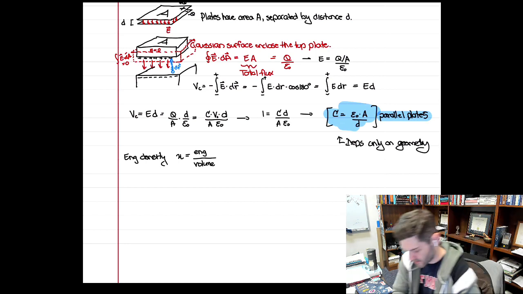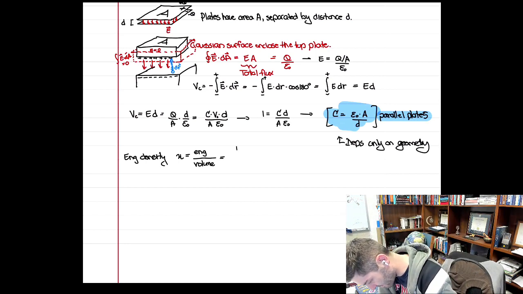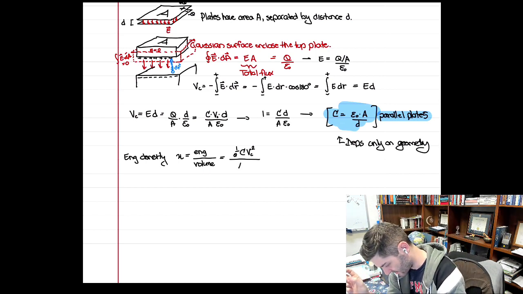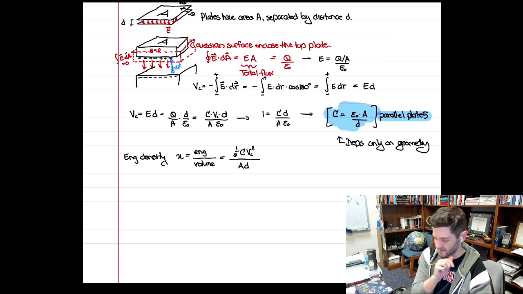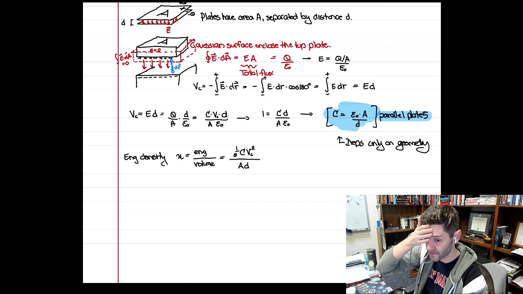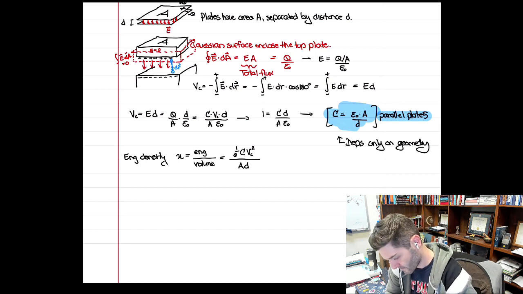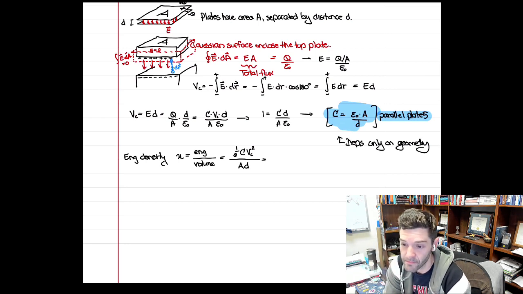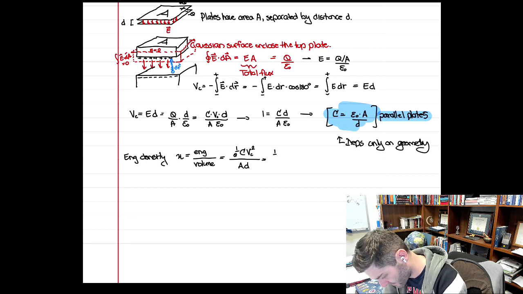So I'm going to take the total energy of the capacitor, which we said was 1/2 capacitance V squared. And then I'm going to divide by the volume of the capacitor, which is just area times distance. The area gives you the two dimensions, and then the thickness gives you the third dimension. So that's a volume. And then the nice thing that happens here is that essentially everything cancels. We have the 1/2.